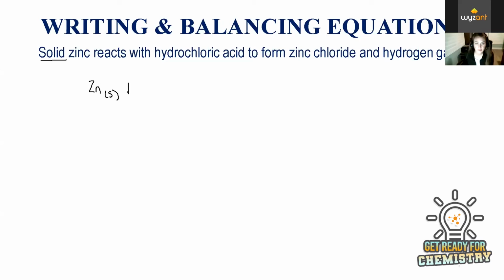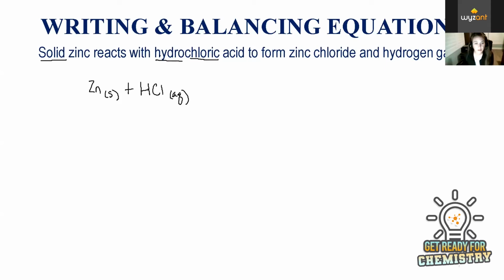So solid zinc reacts with hydrochloric acid, which is HCl. If it's an acid, we assume it's aqueous. Now, acid naming rules, just as a brief recap: hydro in the name means there's no O. I always tell my students, if you're naming acids, just ignore the hydrogen in the acid for a minute and look at what it's attached to.